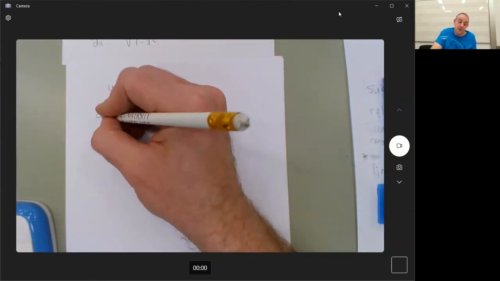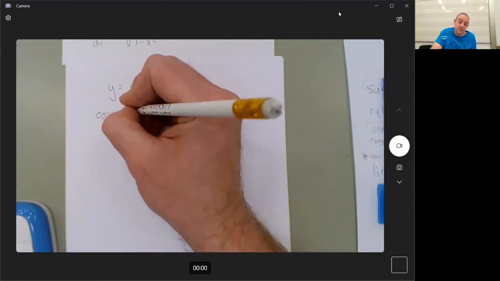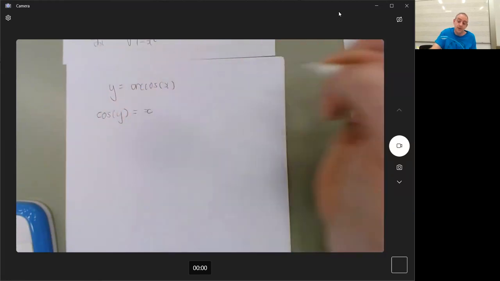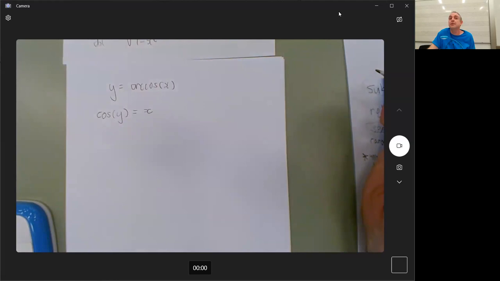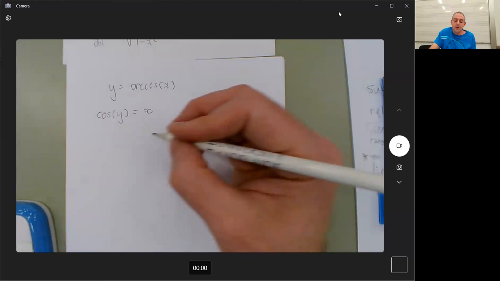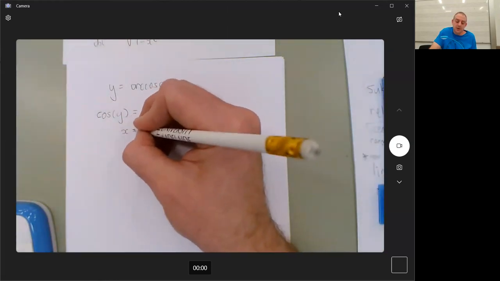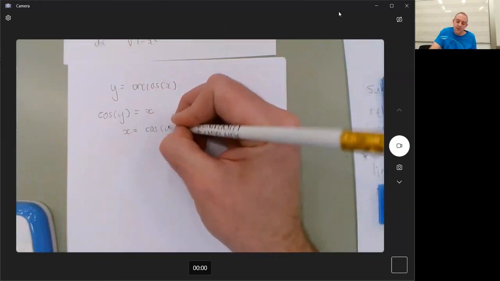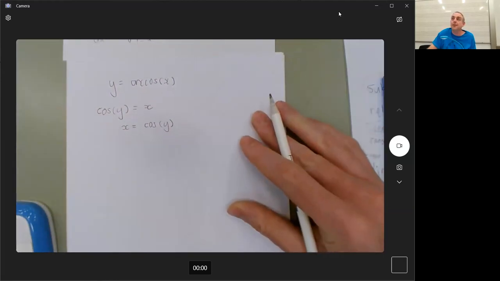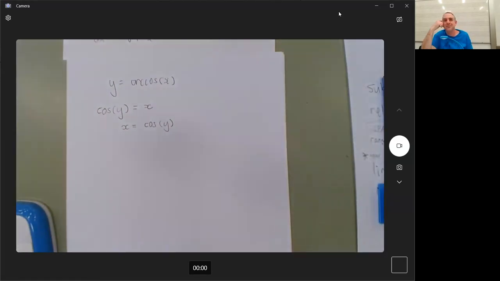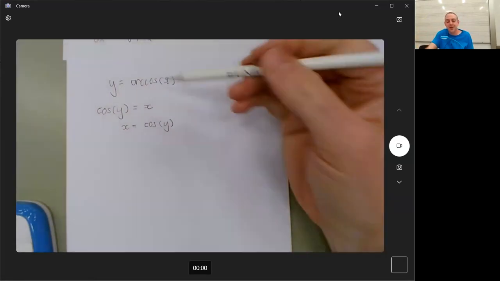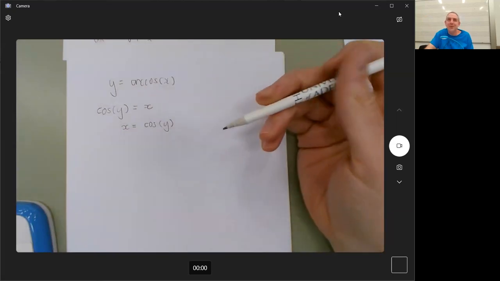If I do cos on both sides of this, then it will produce this answer. And I know it's not necessary to write this next line, but it makes me feel better. And some people go direct from here to here, and that's fine too.